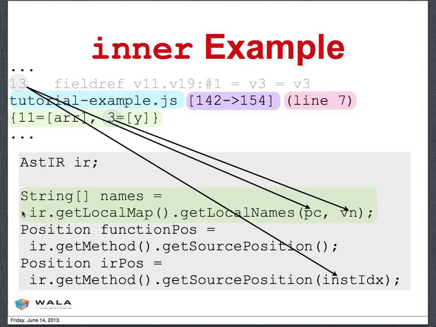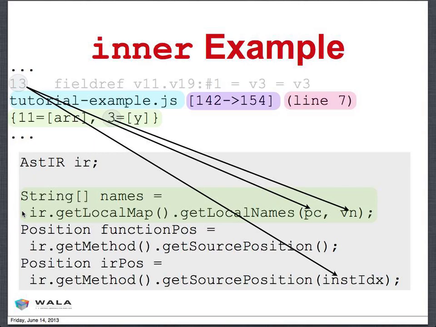If you did this, you'd get back this array containing just one string. The reason this is an array is due to SSA and due to copy propagation. You can have cases where the same value number actually denotes multiple variables. For example, when you do copy propagation, if T had been assigned to another variable, this array would have multiple names.